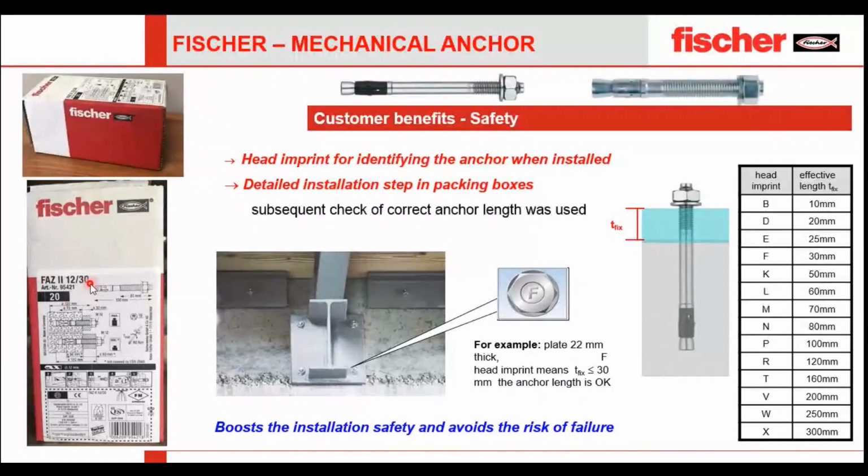If the proposed hanger is FA M12 by 30, you can find the effective length, the T fix, and the reduced embedment depth also. At the same time, if you have any doubt about the approvals, whether this is approved as a fire rated hanger, you can see the approvals over here. It will be a fire rated approval, an ICC approval, an ETA approval, all those approvals will also be mentioned here. So this is why Fischer cares about safety and installation.